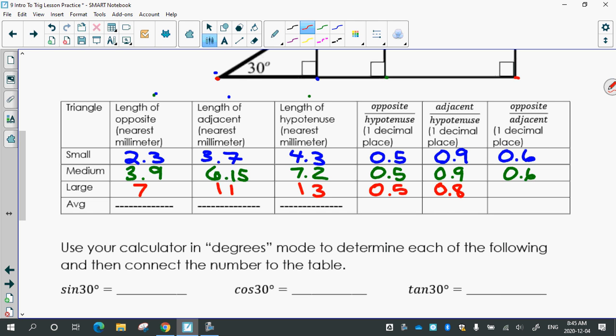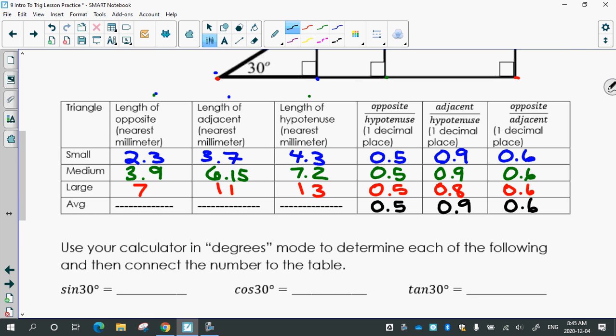And opposite divided by adjacent, 0.6. And then the bottom column is the average, so if all three are 0.5, then the average is 0.5. Our average is 0.9 to 1 decimal place here, and our average is 0.6 here.